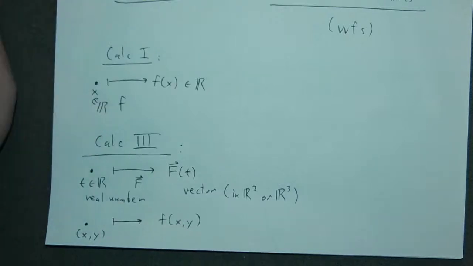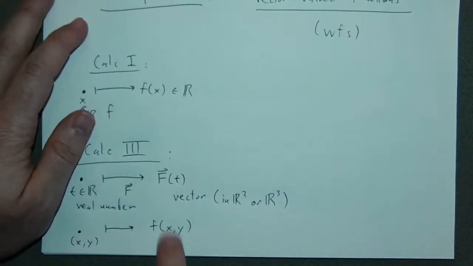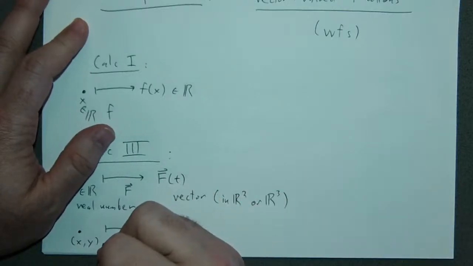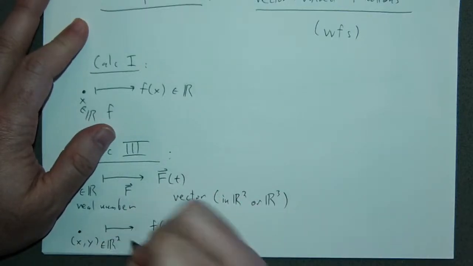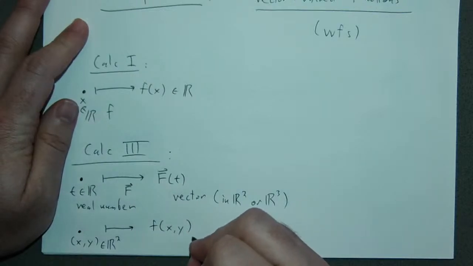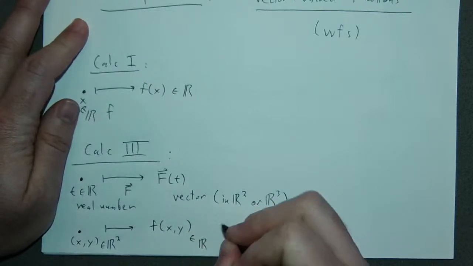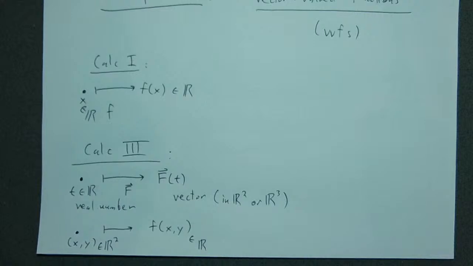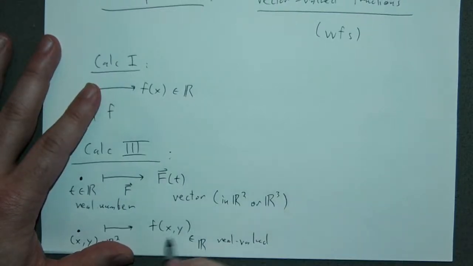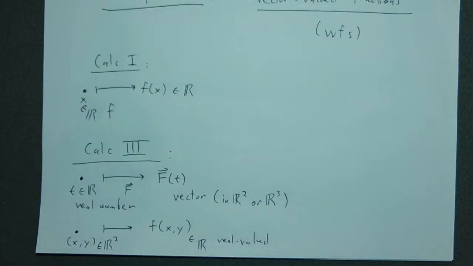So here we would have, this is something in R2, not in R1. This is a vector. And this f of x, y is actually in R. It is real valued, right? So this is a real valued function of two variables.